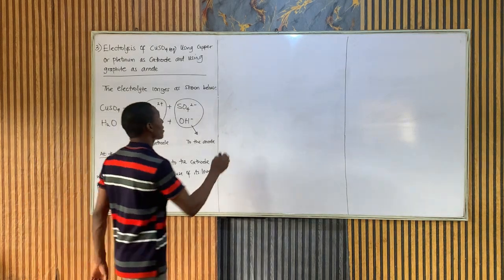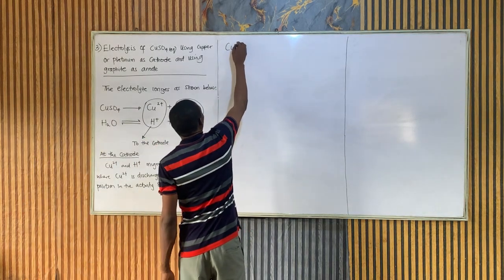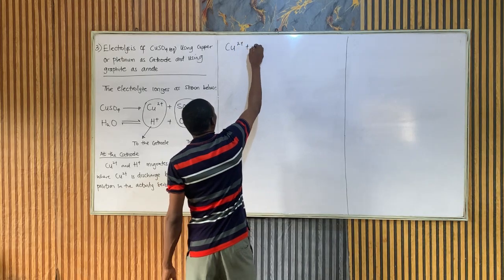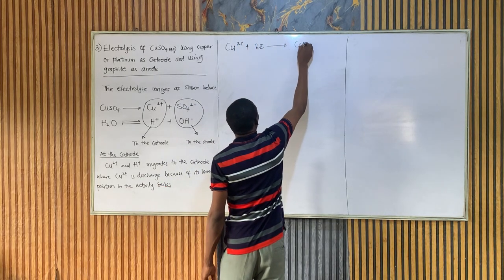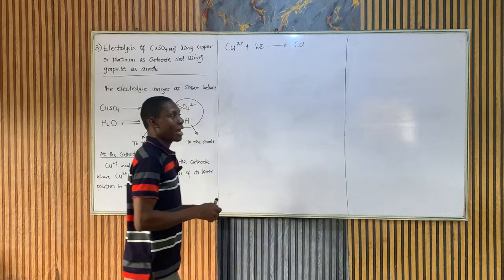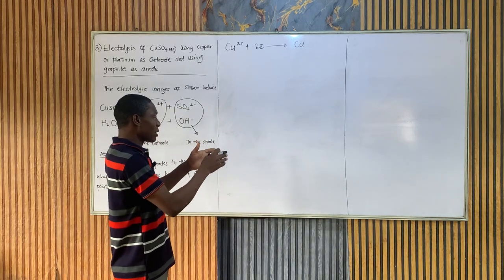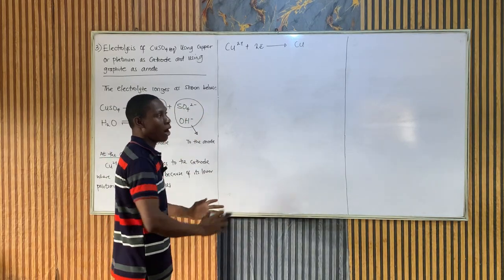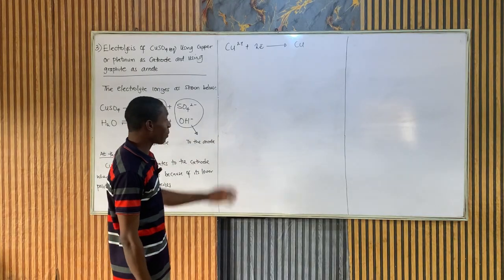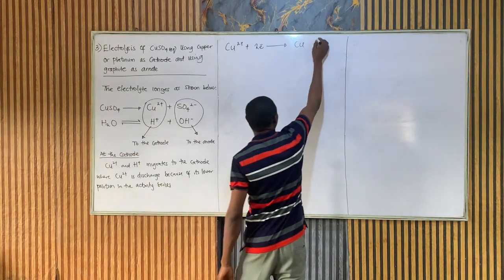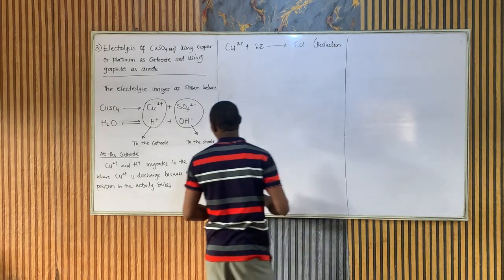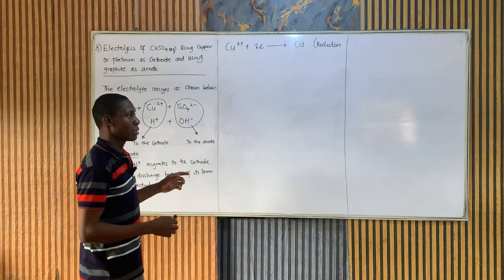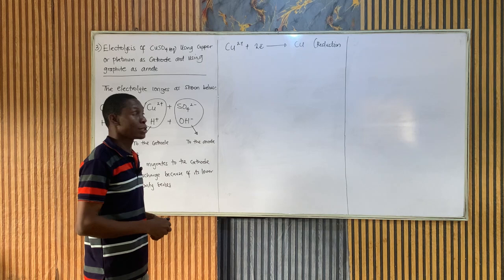Hence, we write like this: copper 2 ion at the cathode accepts 2 electrons and is discharged as copper. So you notice that at the cathode, there will be a deposit of copper on the cathode because copper is discharged. And this process is known as reduction. What then happens to the hydrogen ion? It goes back into the solution.